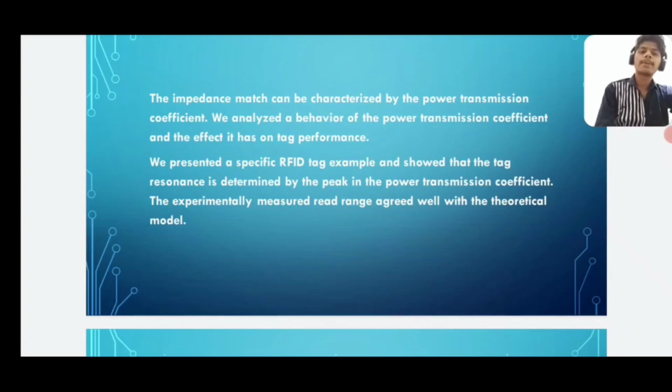We analyzed the behavior of the power transmission coefficient and the effect it has on tag performance. We presented a specific RFID tag example and showed that the tag resonance is determined by the peak in the power transmission coefficient. The experimentally measured read range agreed well with the theoretical model.